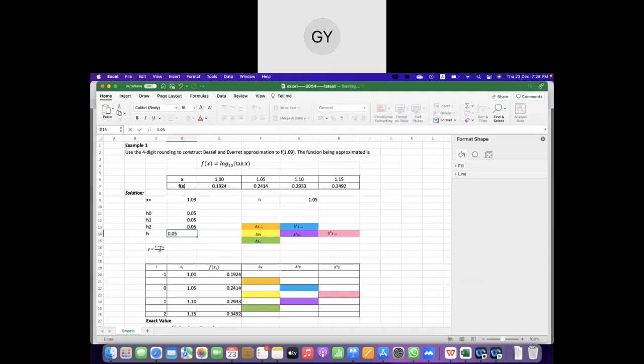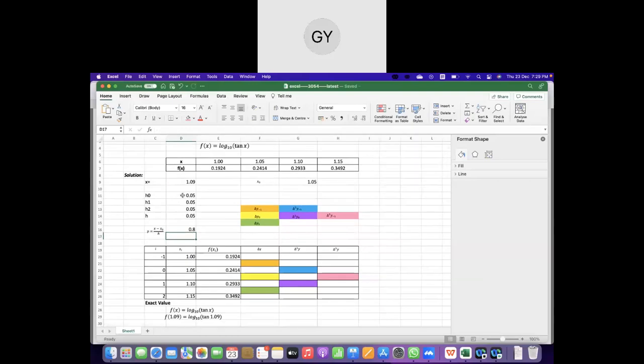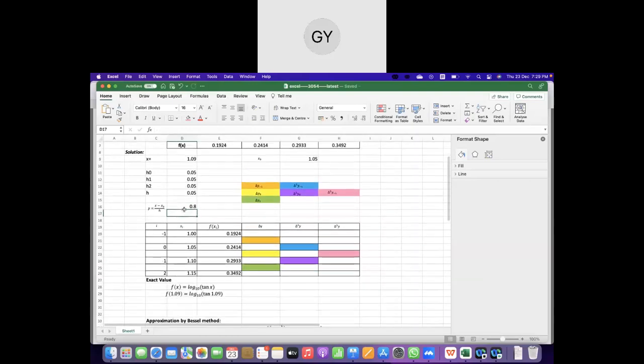Then we go to find our p value. The p formula is x minus x0, divided by the h value. So we insert the formula into Excel, which is equal to bracket x minus x0 bracket divided by h, which is 0.05. Then the p value is 0.8. Then we can insert our data into the divided difference table.